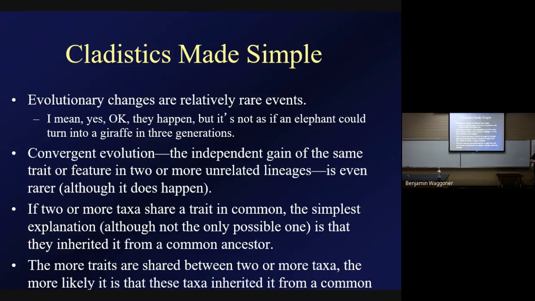It's possible. But the simplest explanation is that they share common ancestors, right? Same thing in biology. If two or more taxa share a trait in common, the simplest explanation is they got it from a common ancestor. And the more traits they share, the likelier it is that they inherited it from a common ancestor.